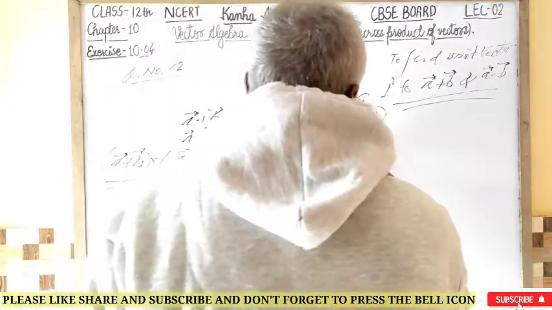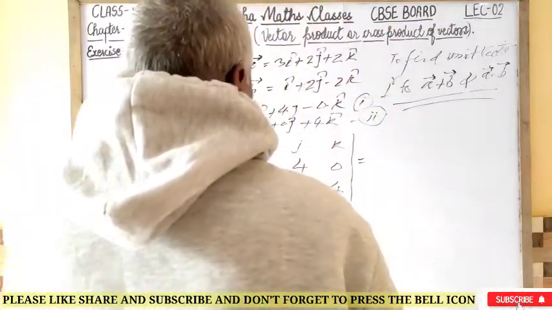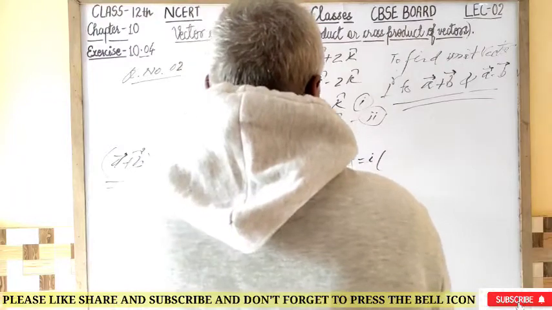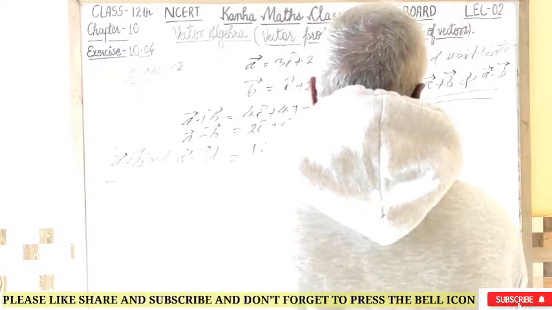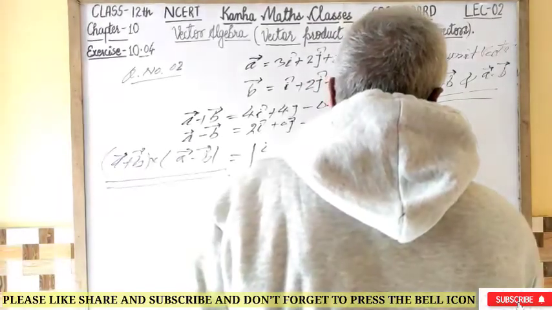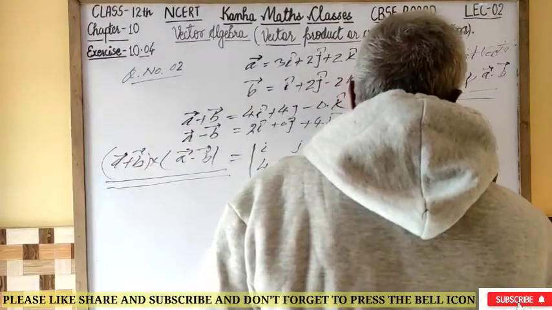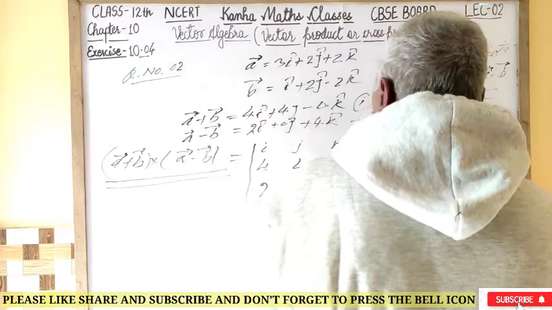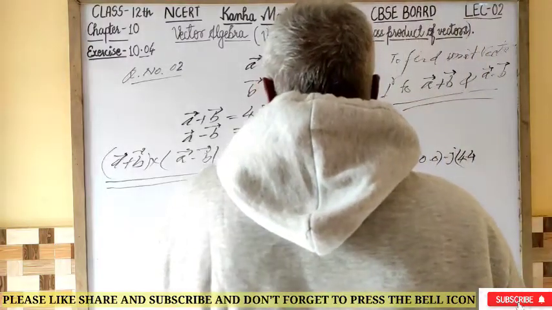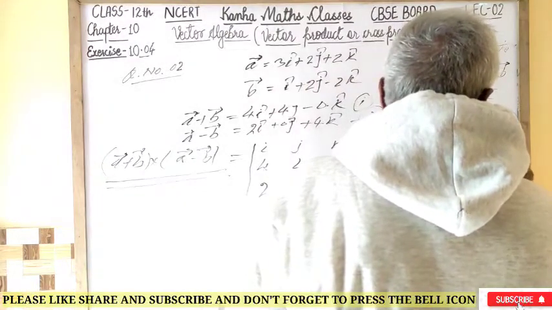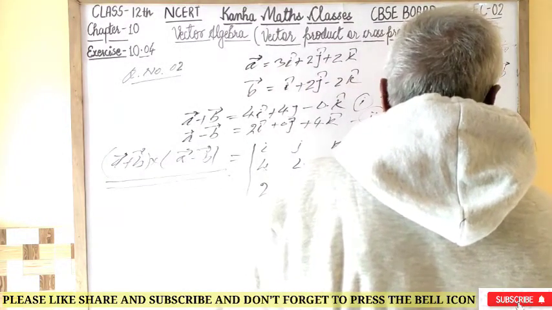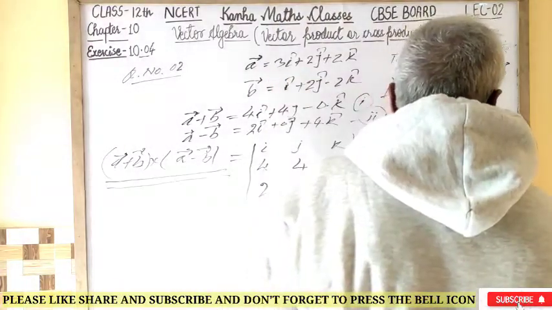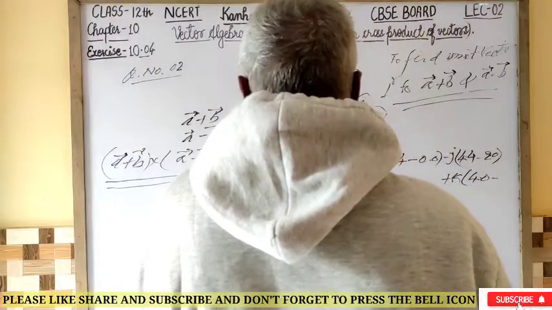Now we will solve this determinant in terms of the elements of the first row, that is i: 4 into 4 minus 0 into 0, minus j into (4 into 4 minus 2 into 0), plus k into (4 into 0 minus 2 into 4).